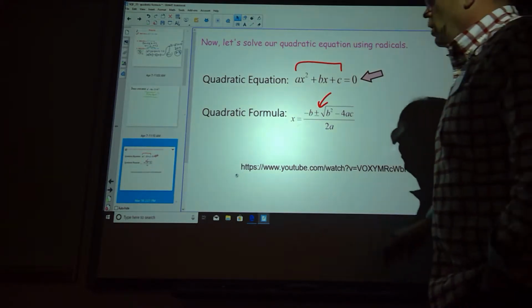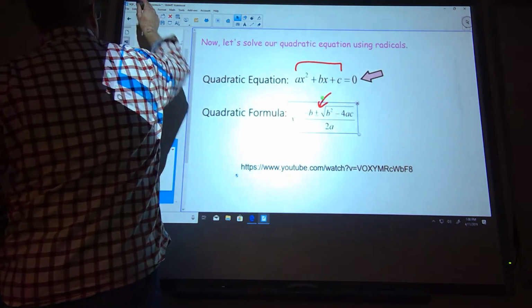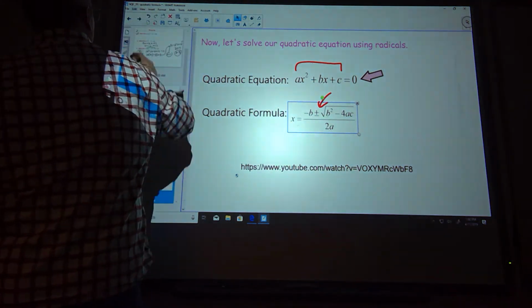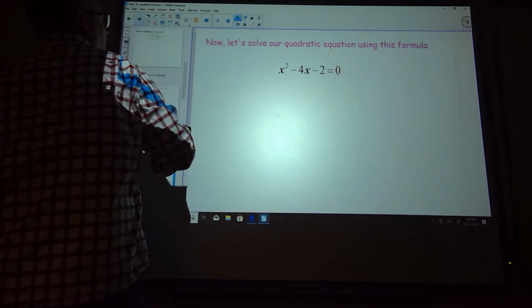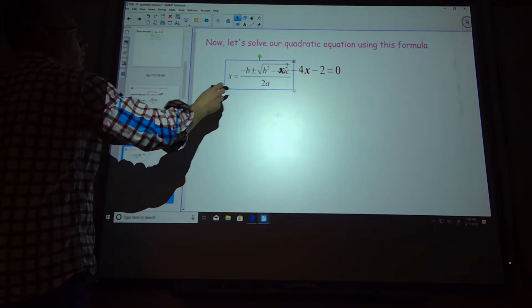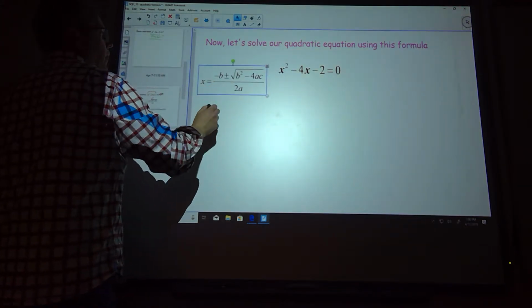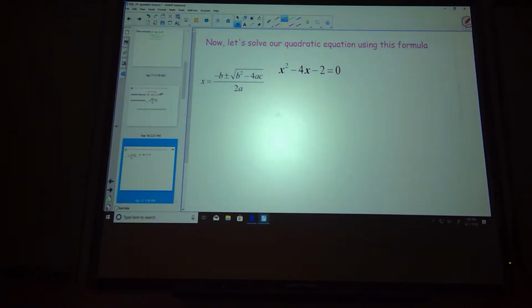Okay? So let's take a look at this. I'm going to copy that, and paste it here. First thing we have to do when we're going to use this formula: is it equal to 0?